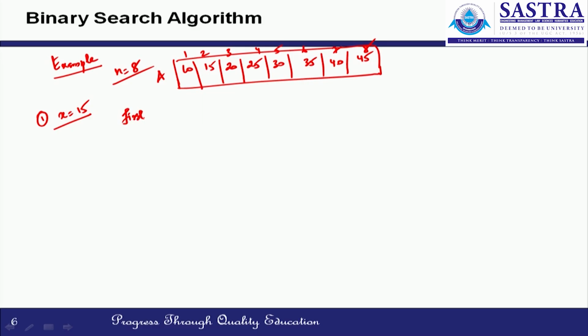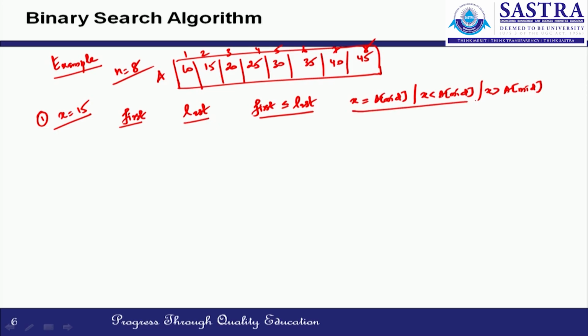Let us verify the correctness of iterative binary search. Construct the columns so that we can easily trace the algorithm: first, last, check if first less than or equal to last, then check if x is equal to a of mid, or x is less than a of mid, or x is greater than a of mid. To check these, find the value of mid.